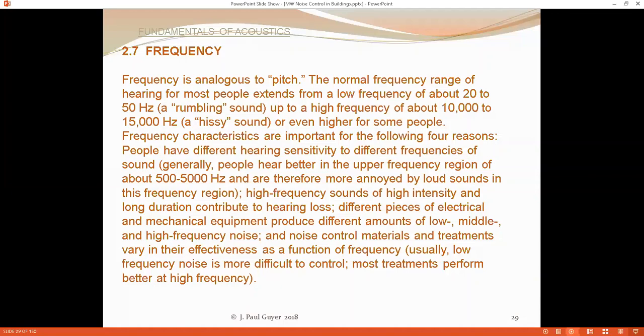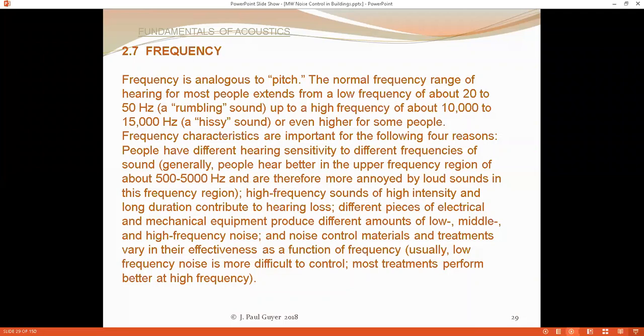Dogs apparently have a broader range of frequencies that their ears are sensitive to, so they might start barking if they hear a sound that is outside of that 50 to 15,000 hertz spectrum.